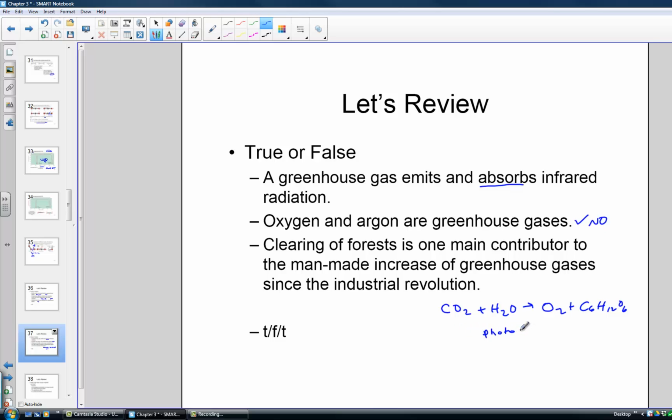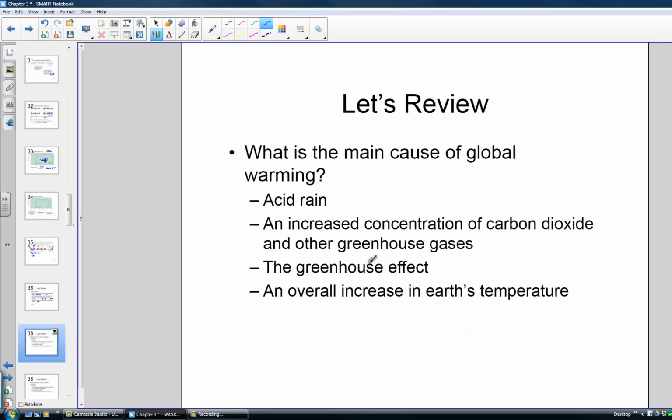So if we don't have photosynthesis occurring, if we remove the plant life of trees, clearing forests, and we prevent this reaction from occurring, we're not converting carbon dioxide back into molecular oxygen with stored sugars. This, of course, would increase as we deforest certain areas in our world.